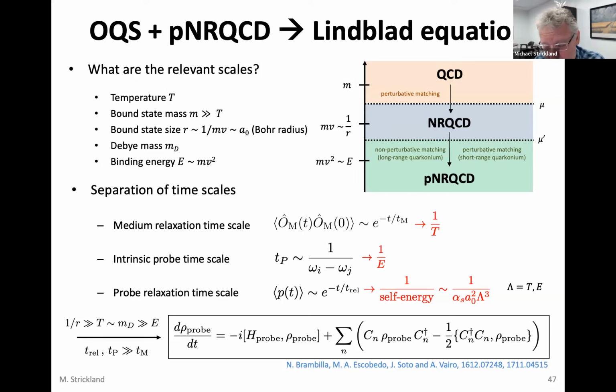You could try to go one step further, where you shoot your quarkonium through, it perturbs the hydro medium, and you look at how fast the relaxation time is. But what I'm going to show you today is that because we know internally the relaxation times are 1 over T, we just ignore the back reaction and the medium relaxation itself. You could try to do that, but it makes the problem even harder. Thank you. Yeah.